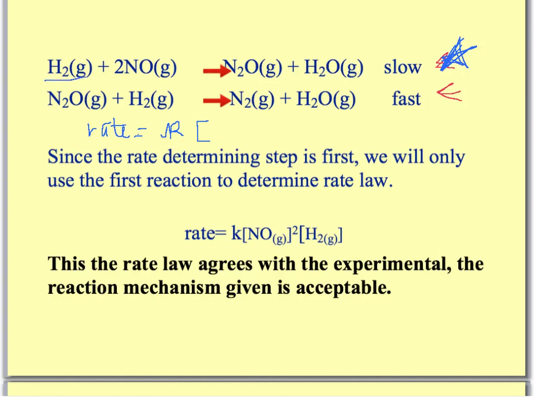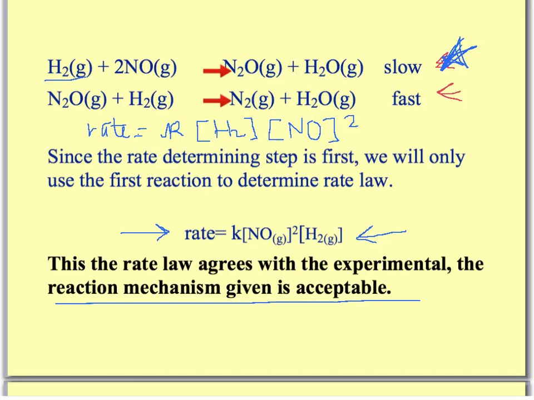So there's just one hydrogen, so we're just going to do H2, times the concentration of NO. And since there's 2 of them, we're going to put it squared. I'm going to double check and see what the experimental had, and this matches up with the experimental. So our rate law agrees with the experimental. Our balanced equation from the elementary steps matches the experimental given. So the reaction mechanism given is going to be acceptable.